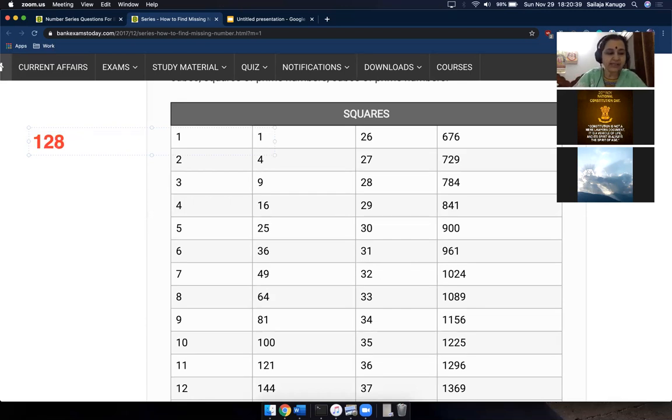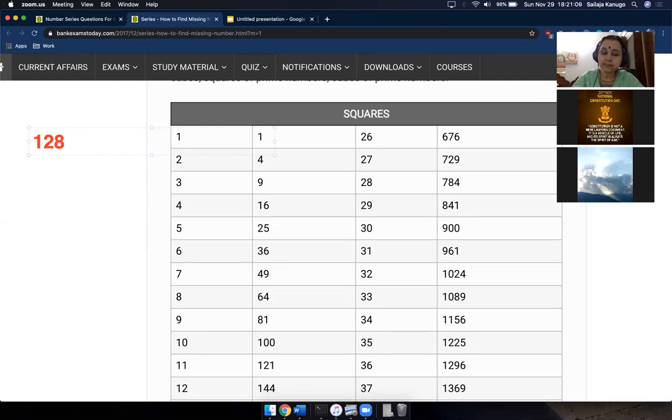Can you tell whether it is a perfect square or not? Perfect square means when you take its square root, you get a whole number. Like 676 is a perfect square, because its square root is 26. So when I say 128, can you say whether it is a perfect square or not? Ma'am, it's a perfect square.